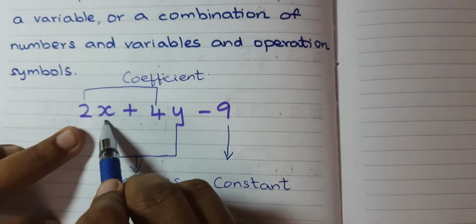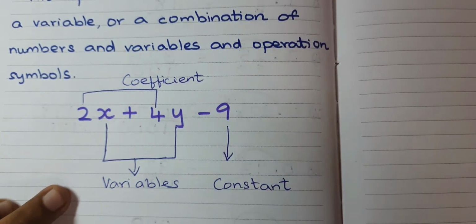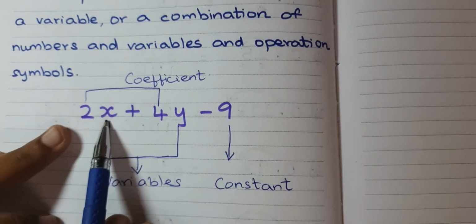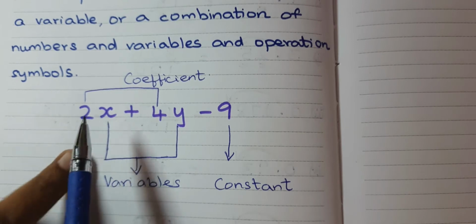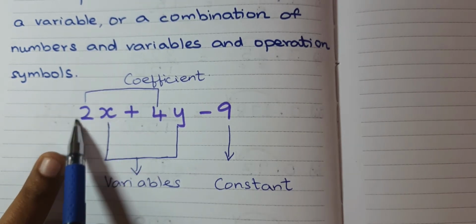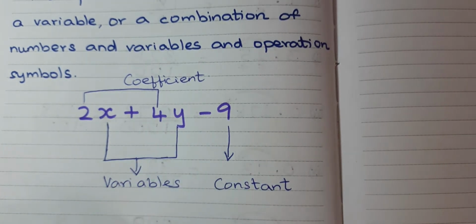So the coefficient of x is 2 and the coefficient of y is 4. The number before the variable is the coefficient. If they ask the coefficient of x, you have to mention 2. If they ask the coefficient of y, you have to mention 4.